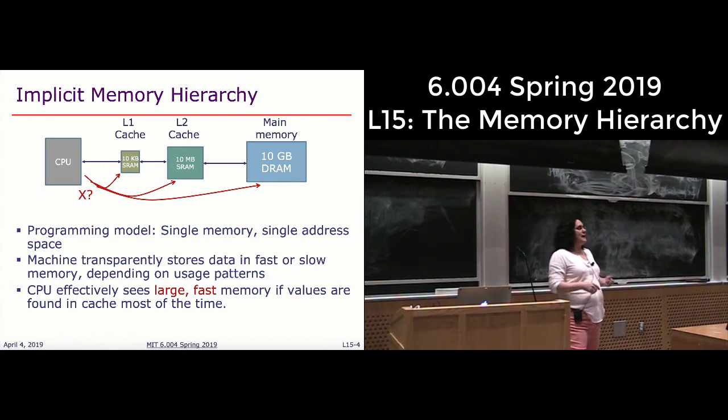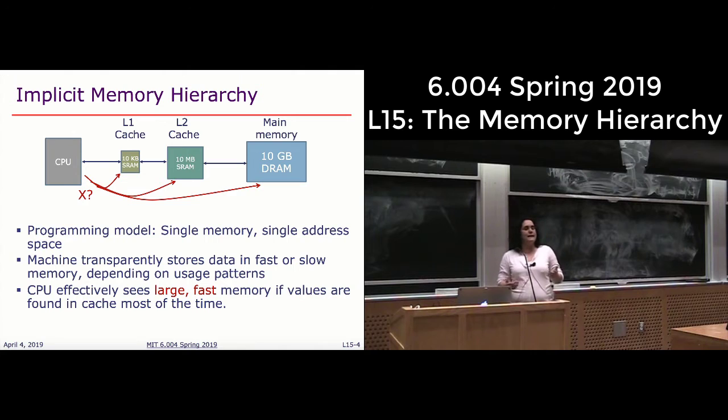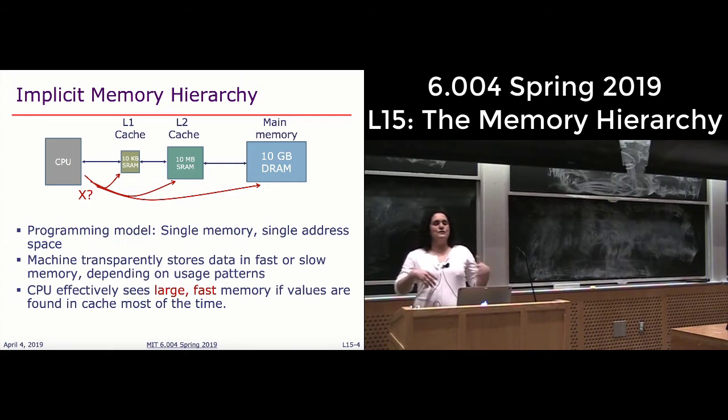It sees a single address space, and it can't tell which pieces of data live in which memory. So it makes a load or store request, and that just goes out to the memory as a whole. It's the memory's responsibility to figure out which pieces of data should live in the faster memory and which should live in the slower, depending on the access patterns of the data.